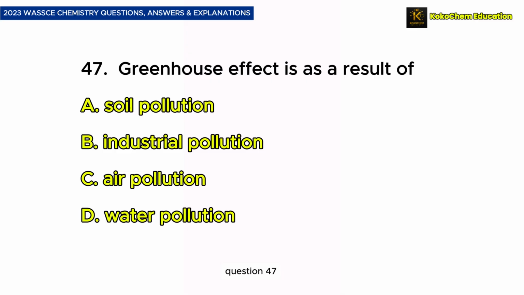Question 47. Greenhouse effect is as a result of A. Soil pollution, B. Industrial pollution, C. Air pollution, D. Water pollution. The correct answer is C. Air pollution.